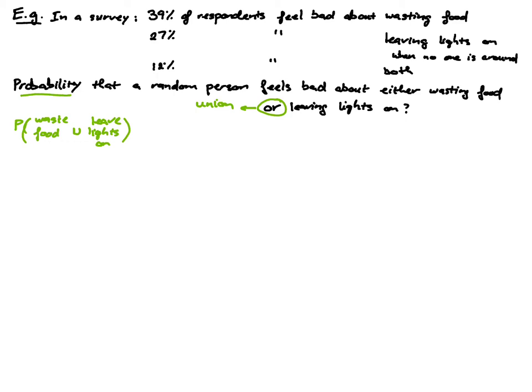Now this is a probability of the union. So according to the addition rule, this is equal to the probability of wasting food plus the probability of leaving lights on minus the probability of the intersection of wasting food and leaving lights on.